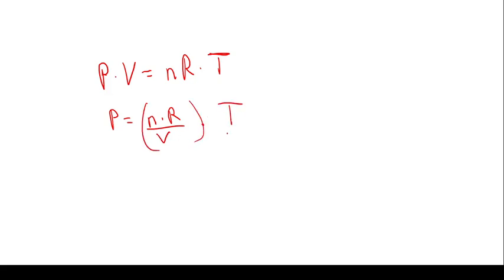Okay, and I'm going to group these together. We're assuming all this is constant. The number of moles would be constant, assuming no gas is leaking in or out of the chamber. R is in fact a constant. And the volume of the chamber is constant. So the type of relationship we should see here is one like this, y equals mx, with no y-intercept.